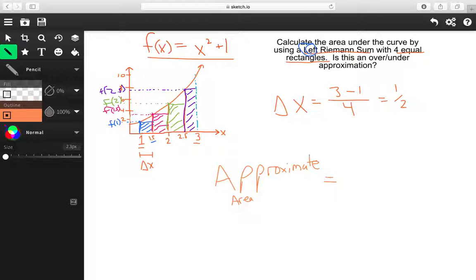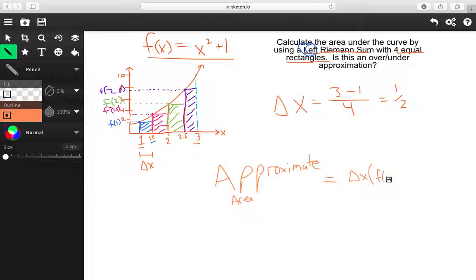That is going to be equal to the length. Because they all have the same length, we could just write delta x. And then because they're all going to be multiplied by the same delta x, we could just add up each individual height.